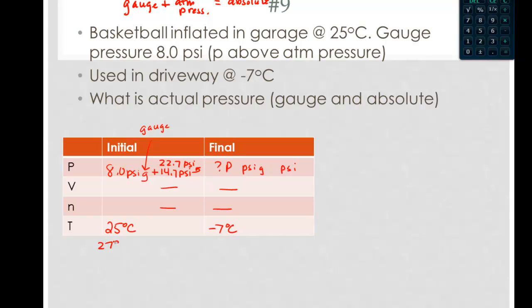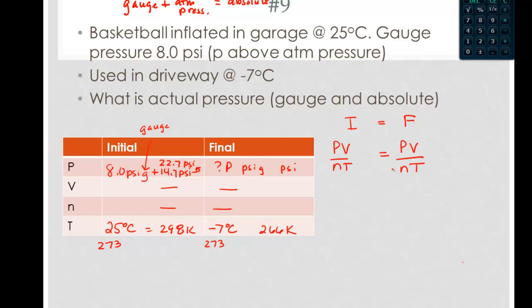Temperature, we need to add 273, so this ends up being 298 Kelvin, and adding 273 to minus 7, we get 266 Kelvin. Kelvin temperatures will always be positive. When you set up the problem, you have PV over NT initial equals PV over NT final.